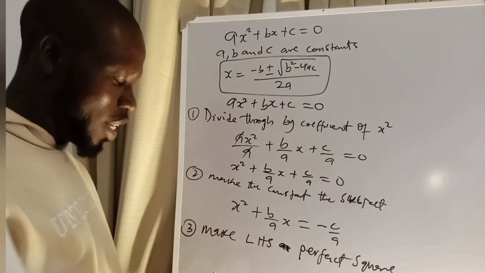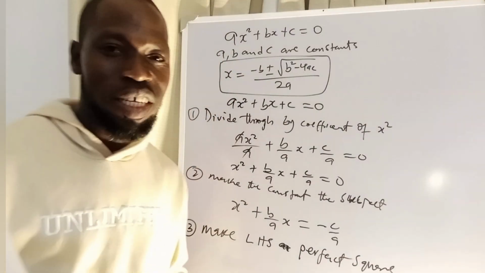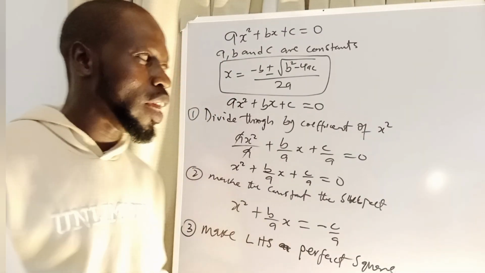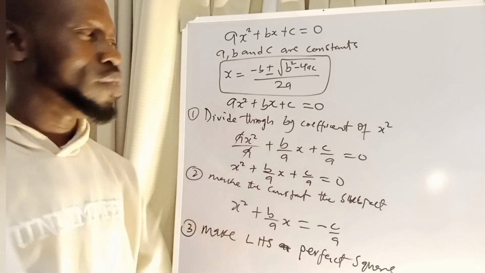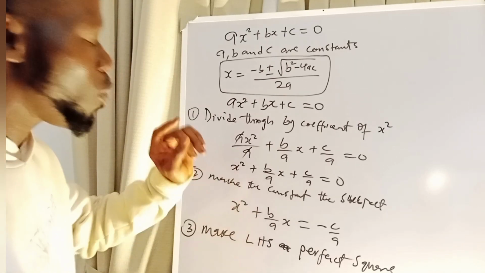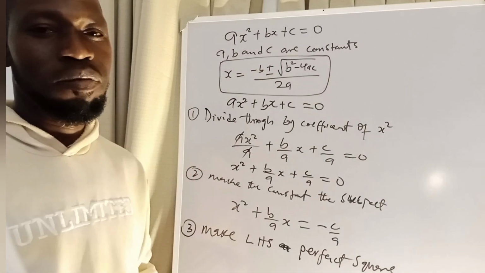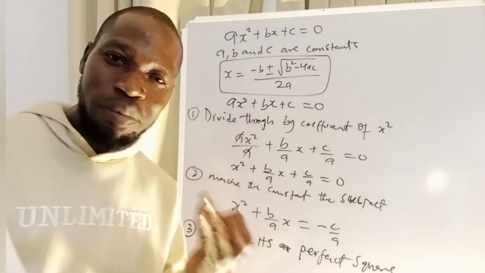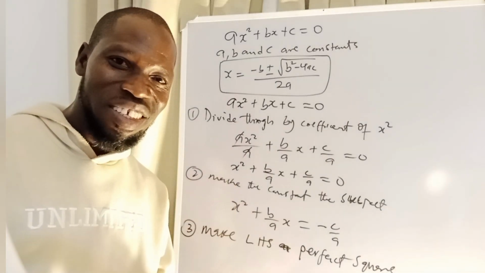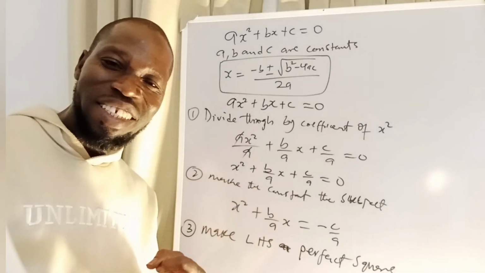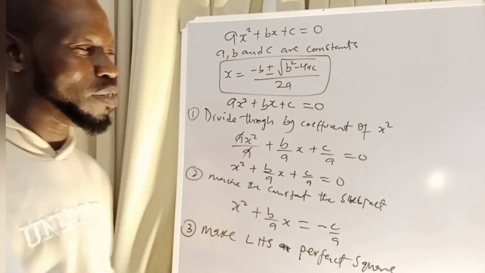Now, how do you make the left hand side a perfect square is what I need you to pay attention to. 1, find the coefficient of x. Divide it by 2, square it, and add to both sides.